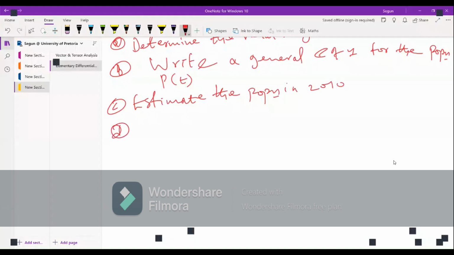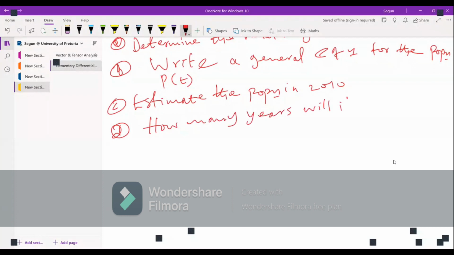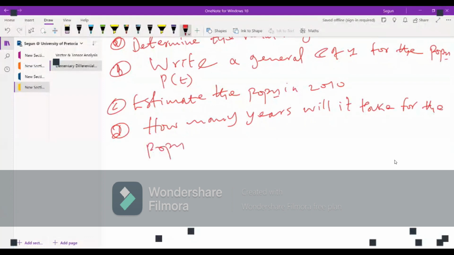D, how many years will it take for the population to double?